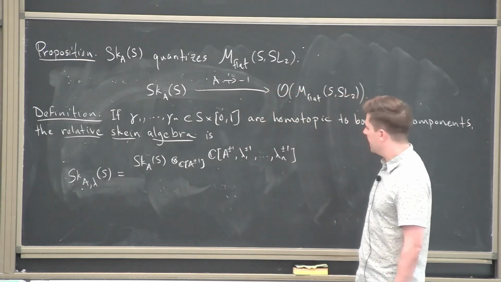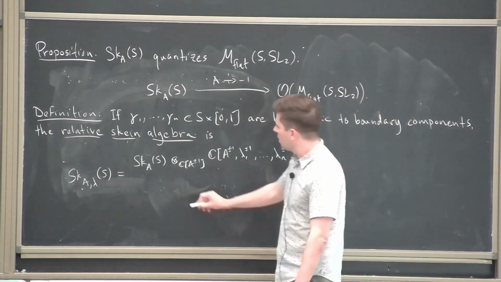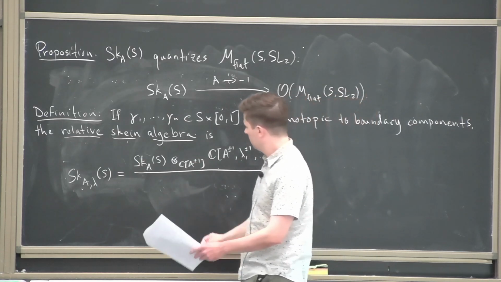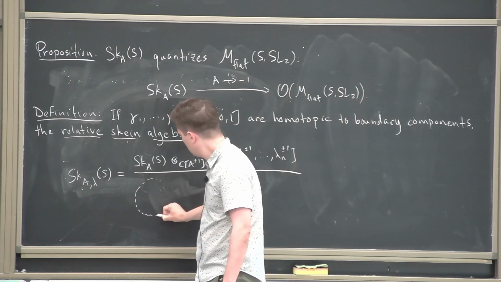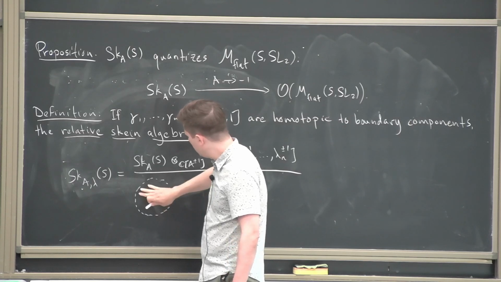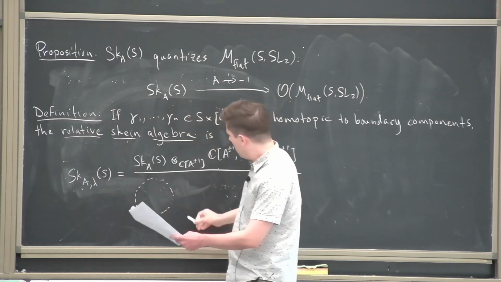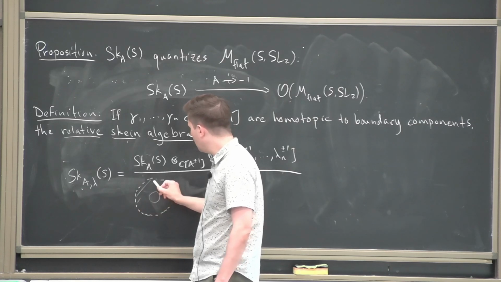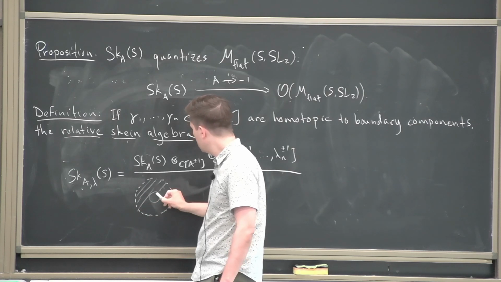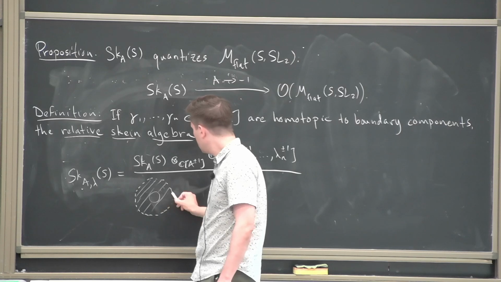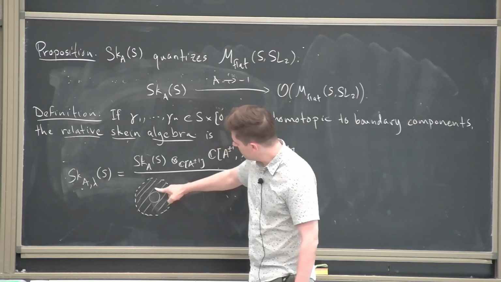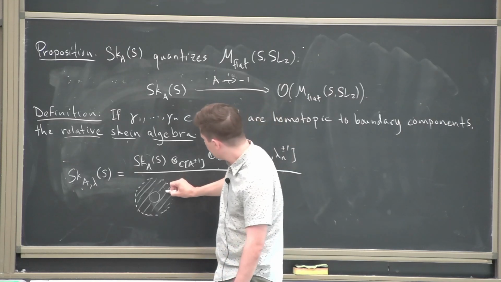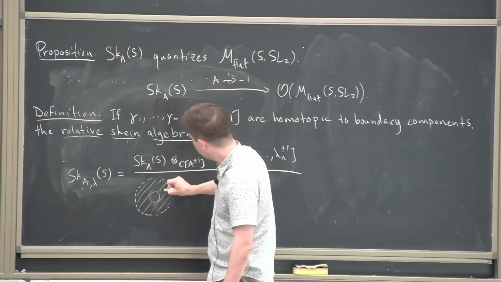So we have additional scalars now, and we're going to impose one more skein relation. So here I draw another one of these pictures, but now I'm looking at a neighborhood of some boundary component of the surface. Okay, so this is a boundary component, and I consider this loop here, gamma i.